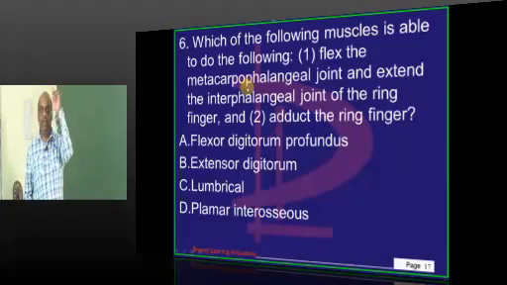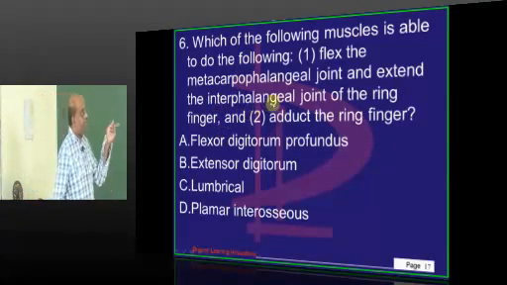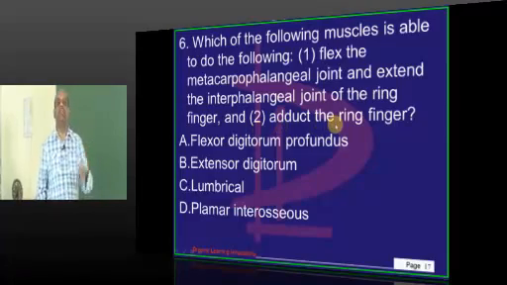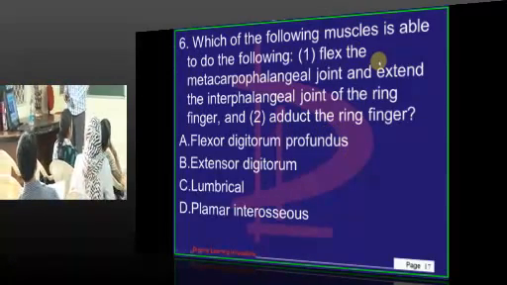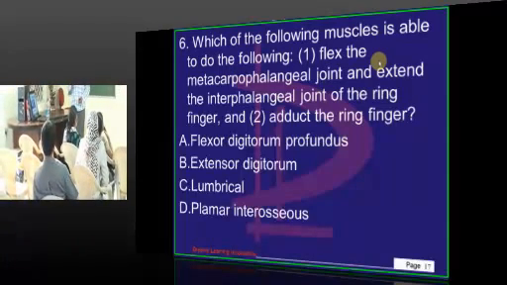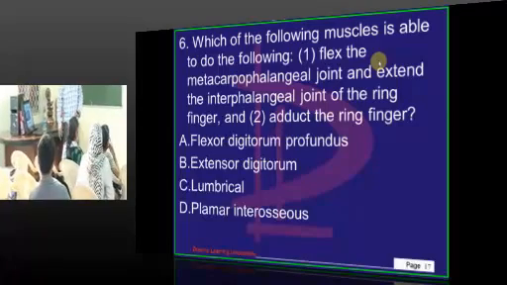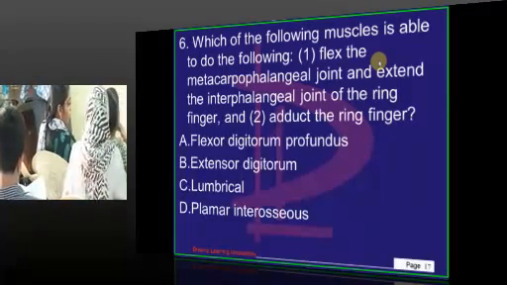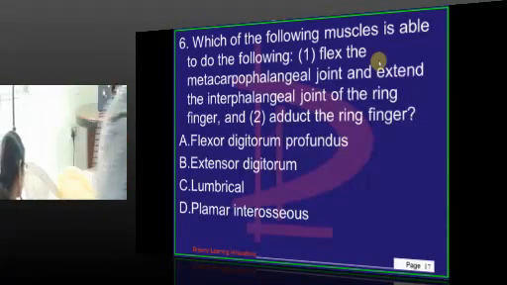Now, the flexion of the metacarpophalangeal joint, extension of the interphalangeal joint and adduction of the fingers: it is the function of which important muscle and it is innervated by what? We have already discussed this in the upper limb muscles in our anatomy class. You remember? So what is your answer, doctor? Question number 6. Amrita, Jyoti, Fahima, everyone is blasting. Lumbrical.